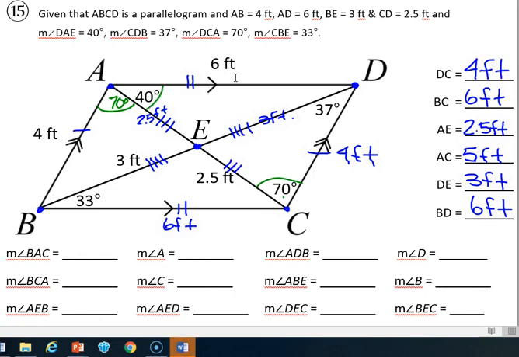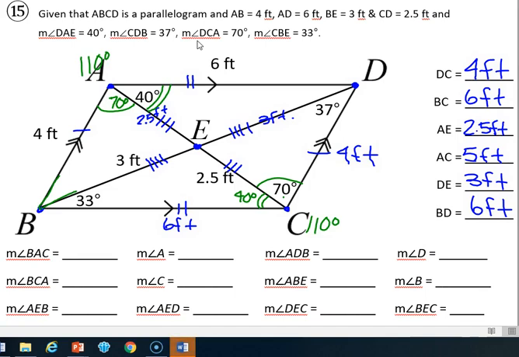We should also be able to see that this angle is congruent with this angle because they're alternate interior angles. And then we can add those together. So 70 plus 40, this would be the angle addition postulate, is 110. So that's what angle A is, which means down here on the right for angle C, it would be 110 as well.